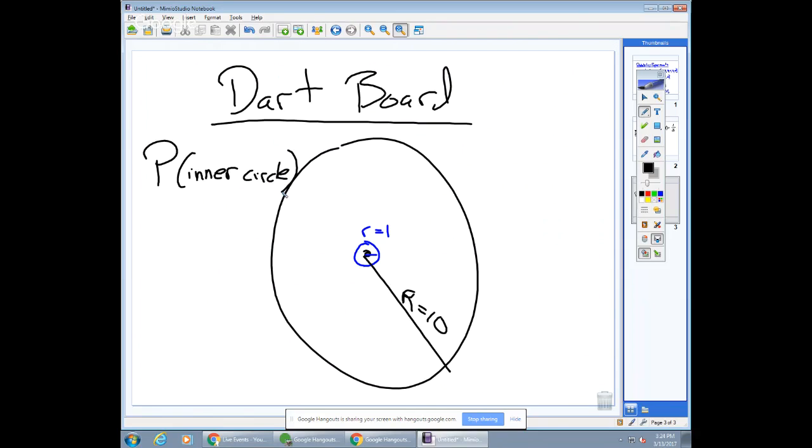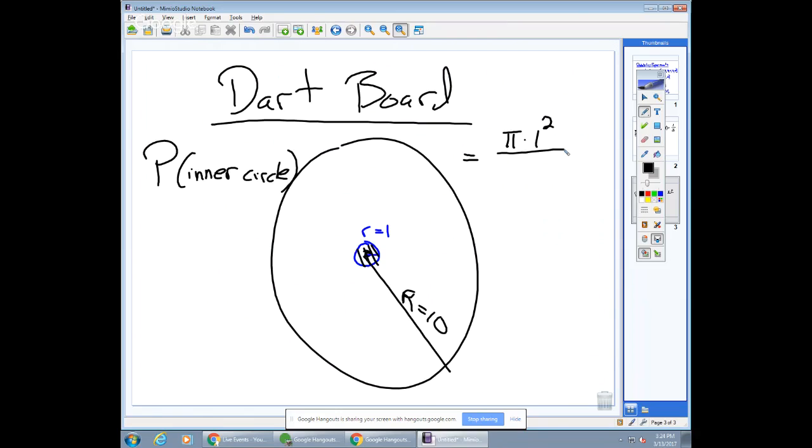Now, there's not things to count like 1, 2, and 3, okay? Or the probability of picking a person, I can count the number of people. Here I have these whole regions I have to analyze, so I have to compare their areas. So I have to calculate the area of the region that's favorable to me right there. So what's the area of the inner circle? Well, it would be pi times its radius squared, right? And let's assume that every dart hits the board, but it hits randomly.